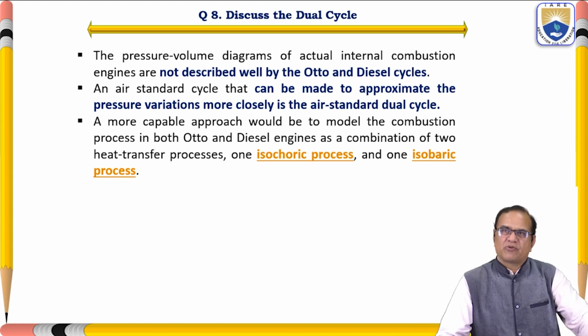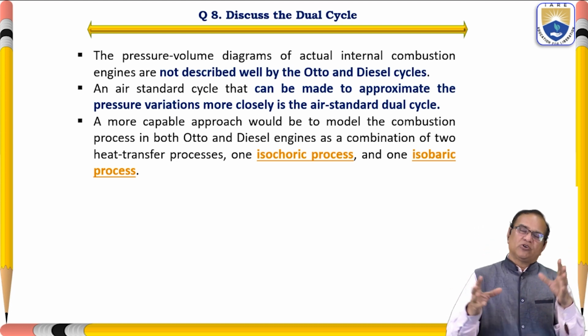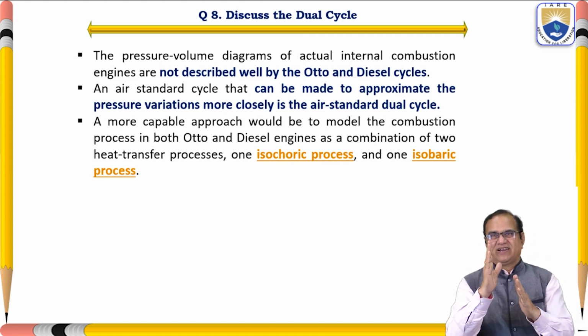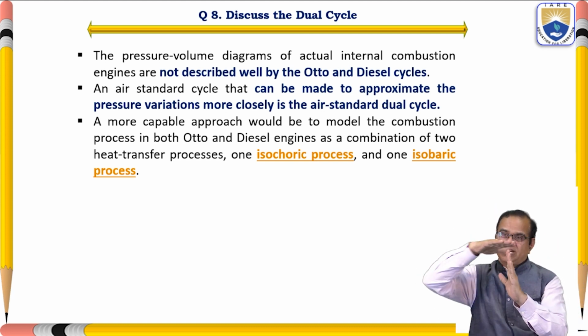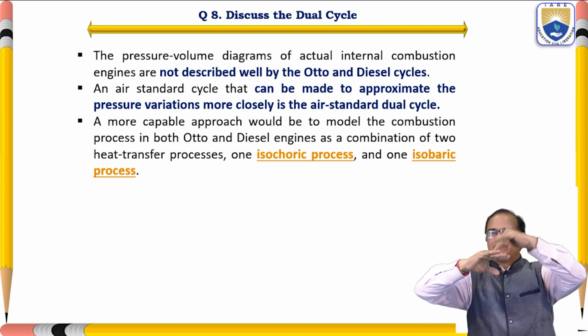In the dual cycle, the only difference lies in the heat addition. In the Otto cycle, we add heat at constant volume, along the vertical line. But in the diesel cycle, it is the horizontal line like this. This is the Otto cycle and this is the diesel cycle.